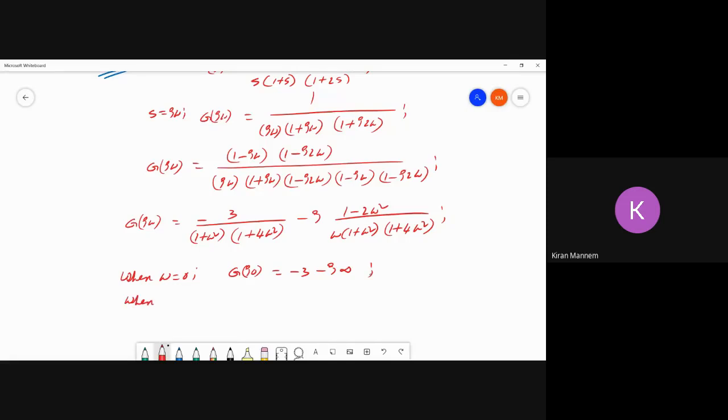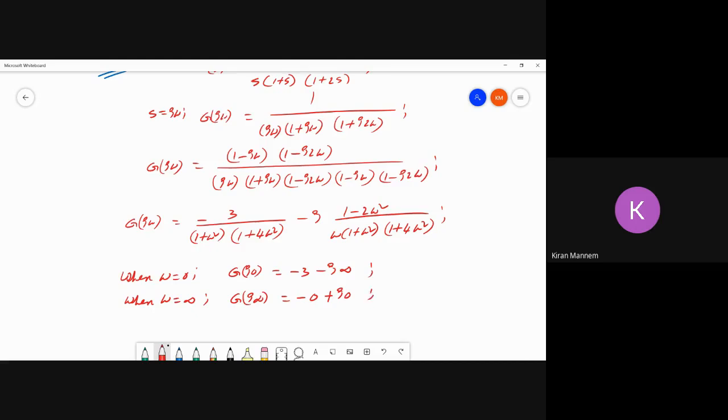So when omega equal to infinity, your endpoint G of j infinity would be, here in the numerator we don't have any omegas, so it would be minus 0, then minus j into, as I mentioned earlier in the previous example, 1 minus 2 omega square, so it would be a negative term, negative negative becomes positive, and omega square gets cancelled, and you have 1 by infinity, it is plus j0.